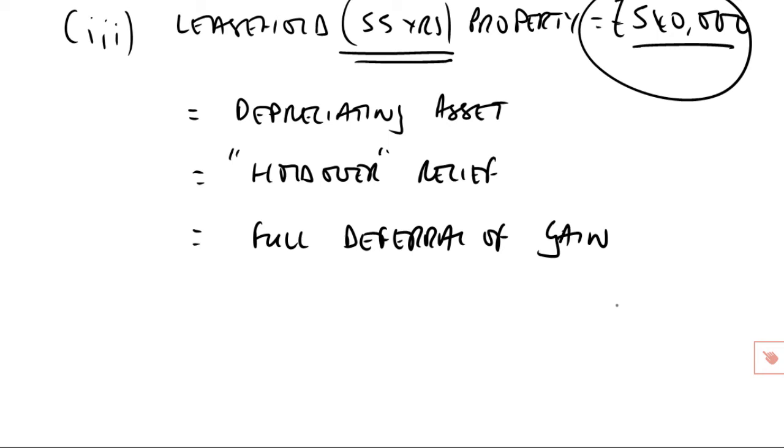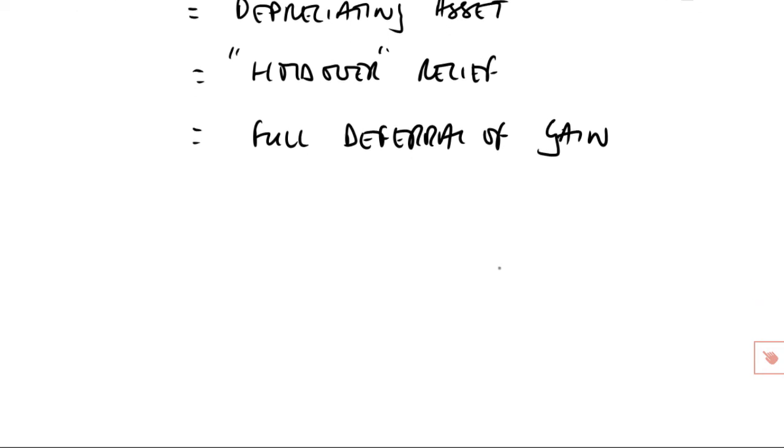But it's very different to how we applied rollover. With rollover, we reduced the base cost of the newly acquired asset by the amount of the deferred gain. That now does not happen. Where we're dealing with holdover, we do not reduce the base cost of the newly acquired asset.